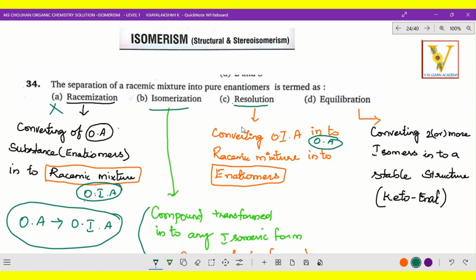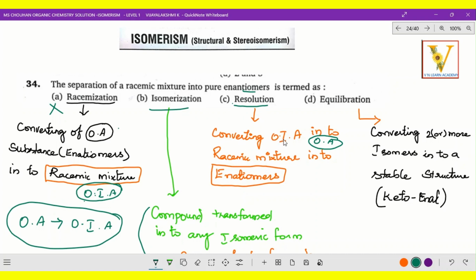In chemistry, resolution is converting optically inactive into optically active. Enantiomers are optically active, racemic mixtures are optically inactive. So converting a racemic mixture into enantiomers, that is resolution.